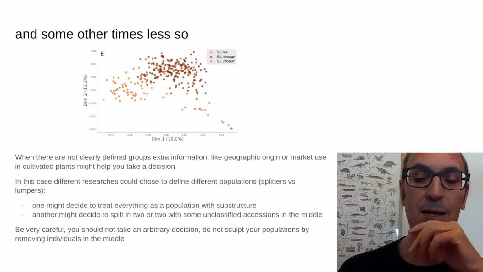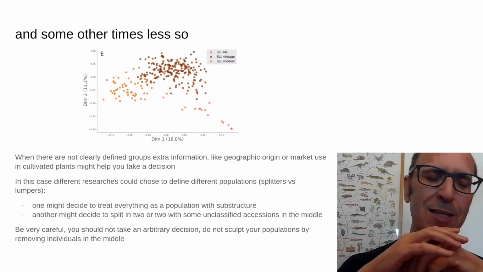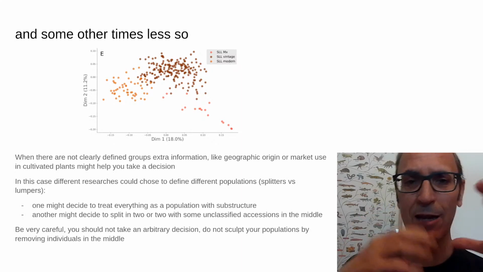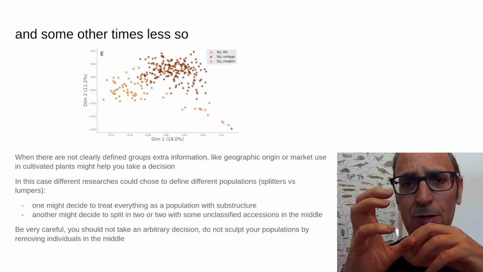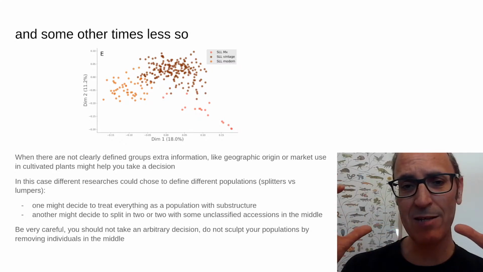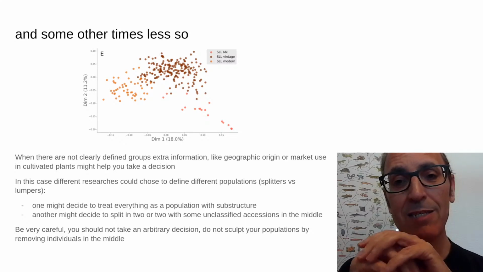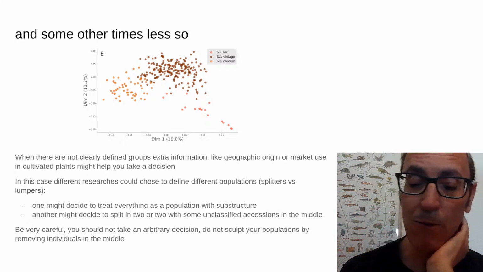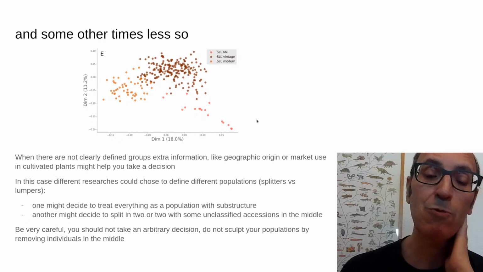But sometimes it's not that clear. Sometimes it looks like there's some substructure, but the clusters are very close together, so they form like a big cluster. Maybe in that case, one researcher can come and say, well, what I have is just one population, and I will study this population.